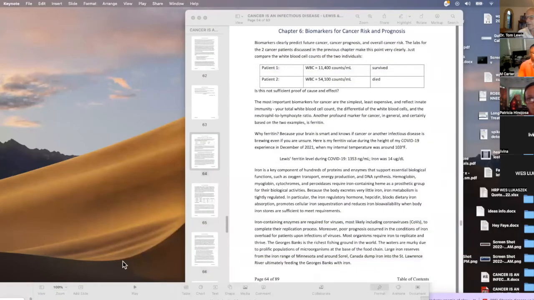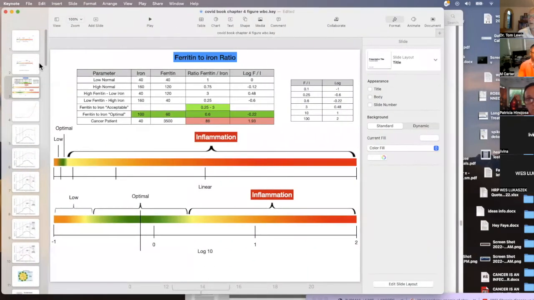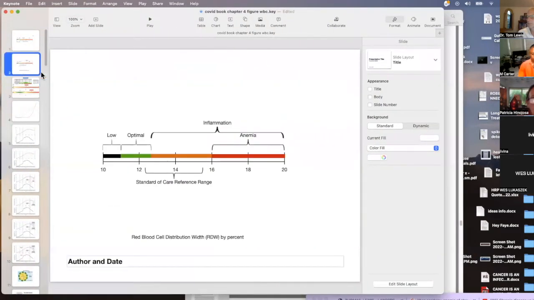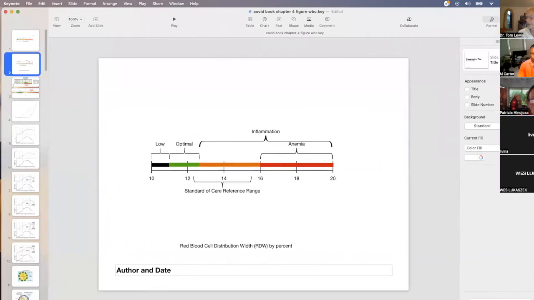So what we have here, for all you iron junkies, and I know it's not that large, is sort of my crib sheet where I make all my charts on this Keynote program.